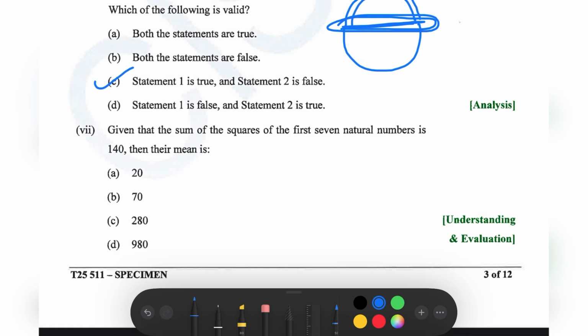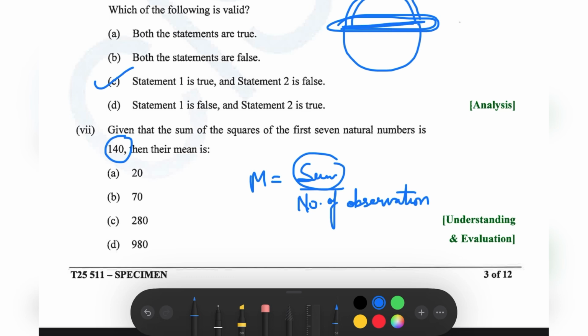What is the mean? Sum of the observations upon number of observations, right? Here the sum is given already. The sum of the squares of the first 7 numbers is 140. But what is the number of observations? How many numbers are we taking? 7 numbers. So it will be 140 divided by 7. So the answer is 20. Okay, so our correct answer is 20, student.